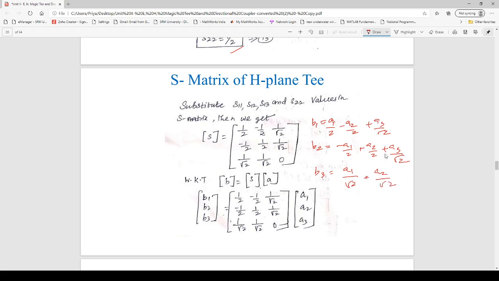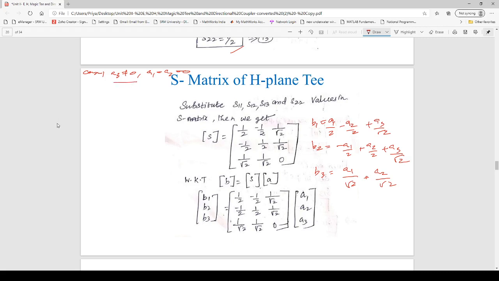So now I can see for different cases as I did for the E matrix. So I'll assume for case 1, A3 is not equal to 0, A1 equal to A2 equal to 0. If this is the case, what will happen to my reflected wave? What is the meaning of this? I am not giving any input at port 1 and port 2, I am giving input at port 3, right.